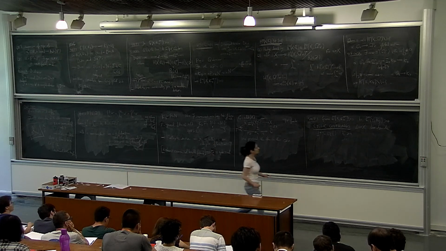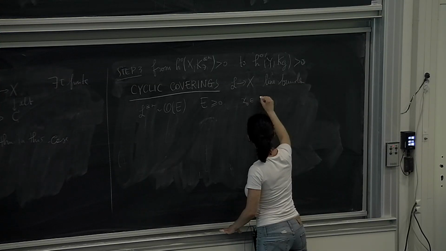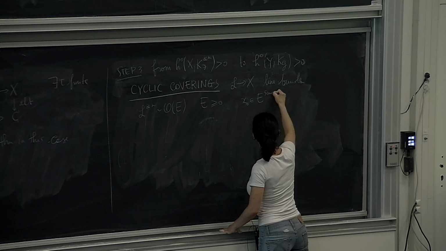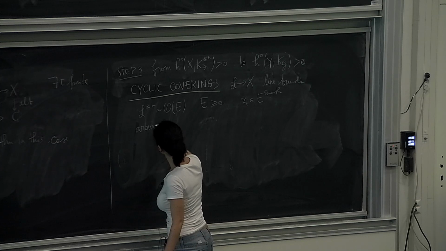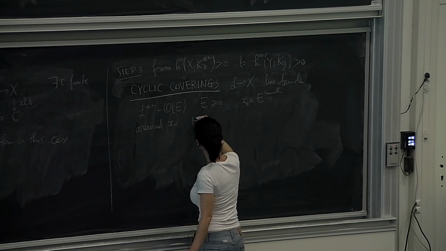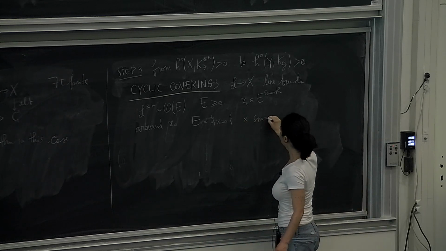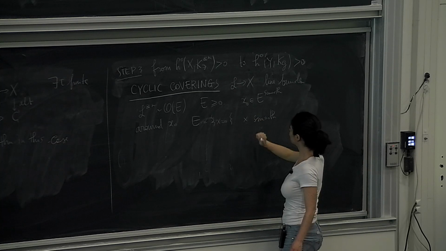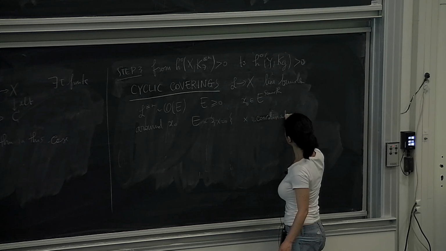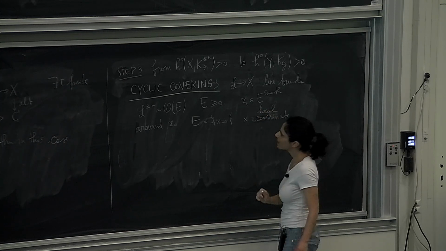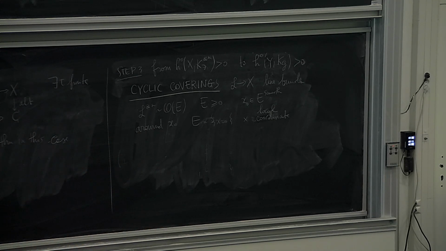And we consider a point in the smooth locus of E. So around this point, E is the zero locus of a variable.